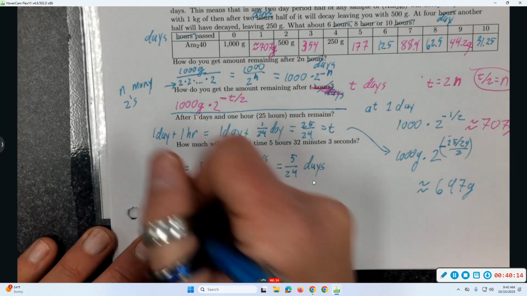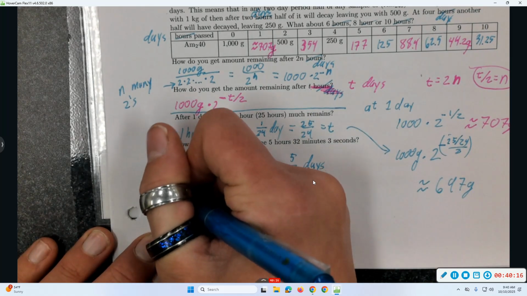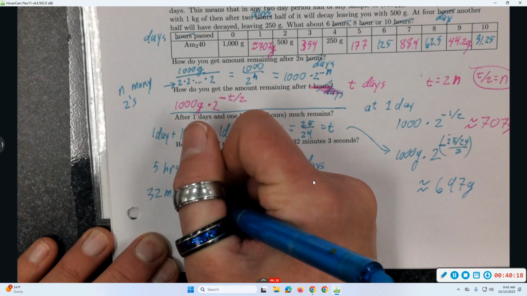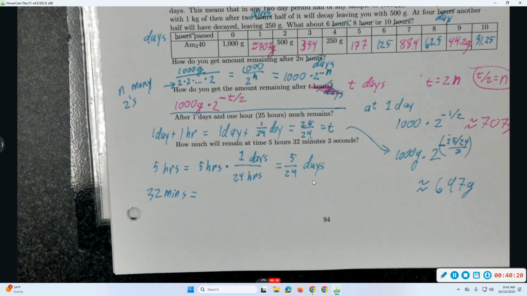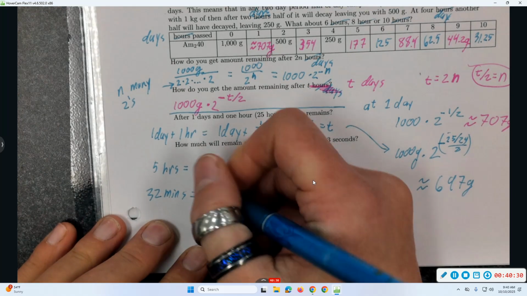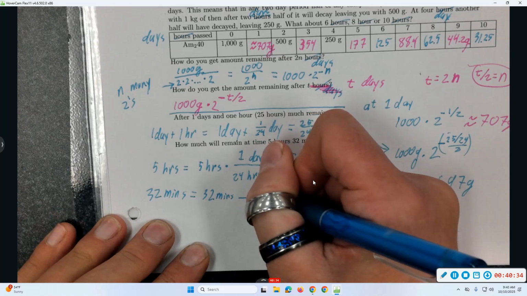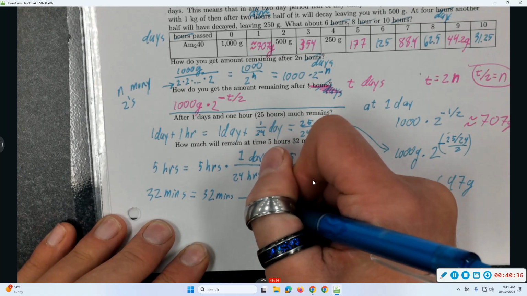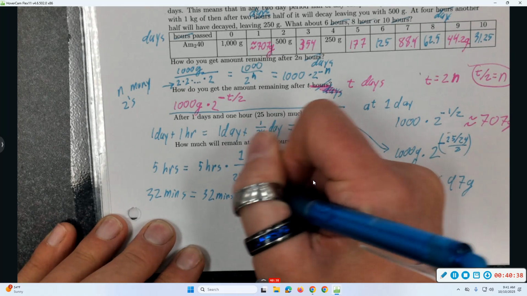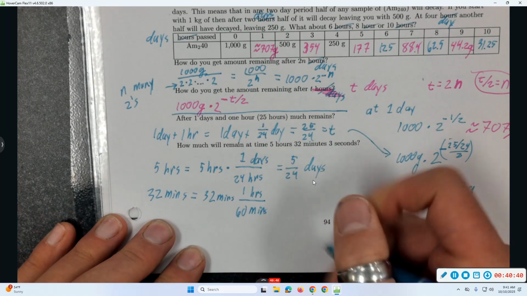Alright, let's play the same game again. 42 minutes. I know how to convert from hours to days, so if I can convert from minutes to hours, then I can go from minutes to hours to days. How many minutes to the hour? 60. So 42 minutes. I want something that gets rid of the minutes, so I divide by minutes and introduce hours. 1 hour is 60 minutes, so that's multiplying by 1.